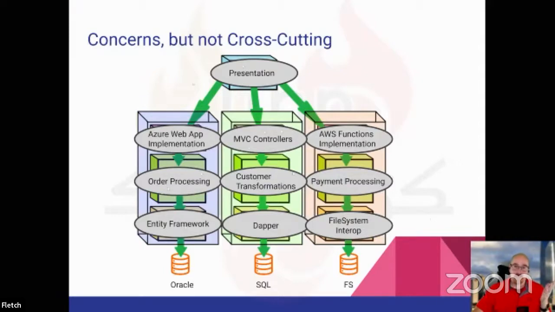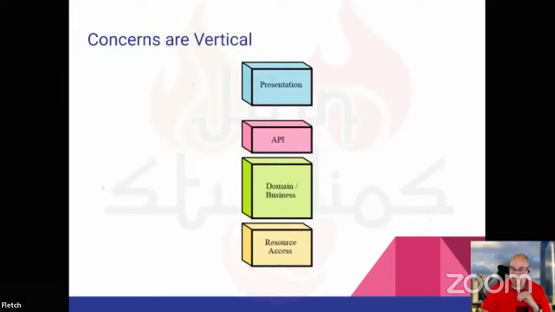So the business logic and the business layer, which is the business logic of business rules. There's order processing. This processing is for customer transformations. This is payment processing. It's the processing layer. It's the business rules layer, and that's what goes here. So these are concerns, but they're not cross-cutting concerns because they're different implementations for each thing.